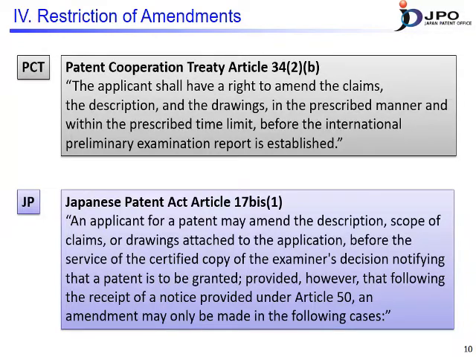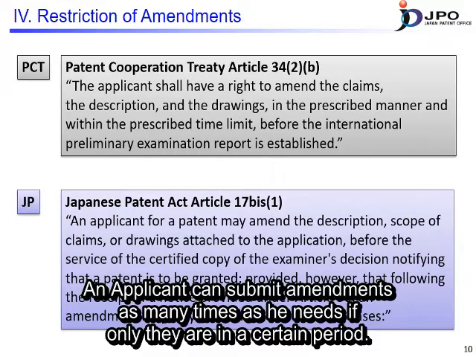So PCT, Patent Cooperation Treaty, said the applicant shall have a right to amend the claims, the description, and the drawings in the prescribed manner and within the prescribed time limit before the International Preliminary Examination Report is established.